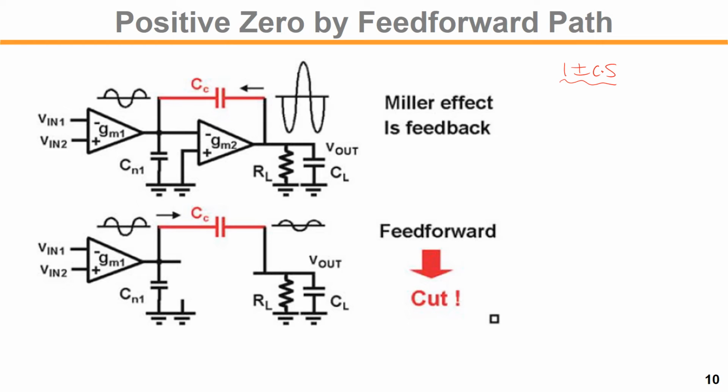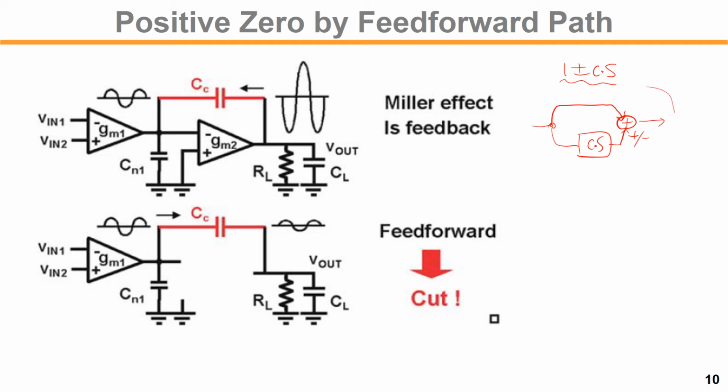For this case, you can imagine that there's some path which has a frequency, any block causing the phase shift. It might be additive or subtractive.